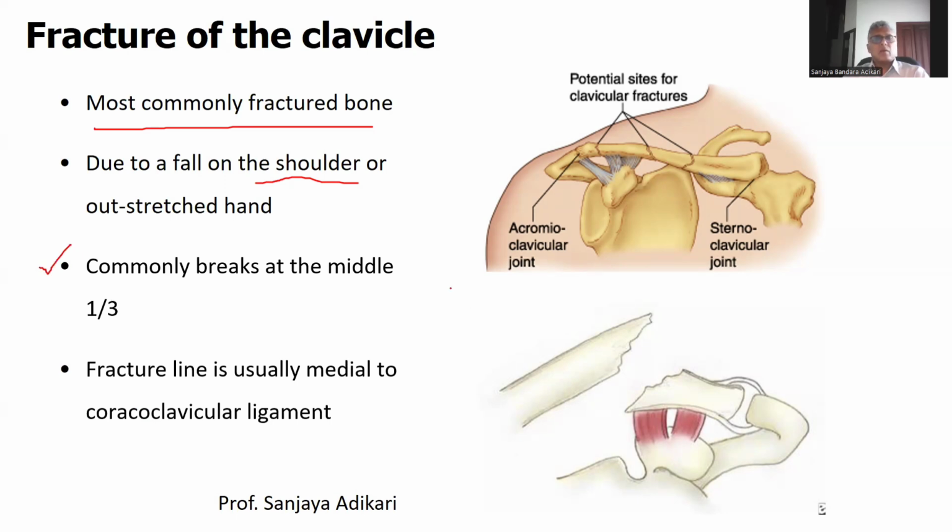Usually the fracture line passes medial to the coracoclavicular ligament rather than lateral. Of course, it can happen lateral to it, but the most common site is medial to it in the middle one third of the clavicle. So this image shows you the fracture medial to the coracoclavicular ligament here.